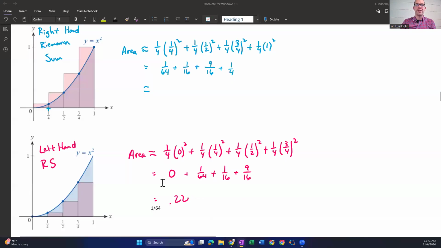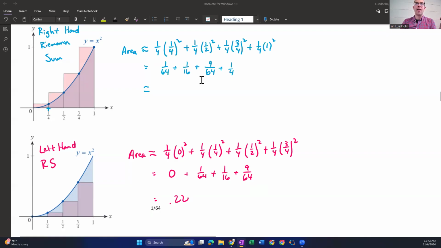Let's go back to this to show you. Yeah, this should not be 9/16. I don't know what I was doing. There's an extra factor of 4 on the bottom there. There we go. This one also is not 9/16. This needs to be changed to 9/64, and this needs to be changed to 9/64. My bad on that one. So that's about 0.22.